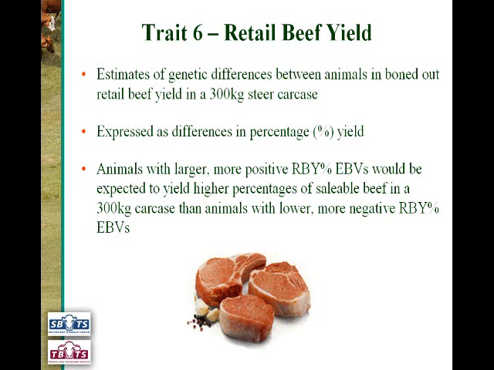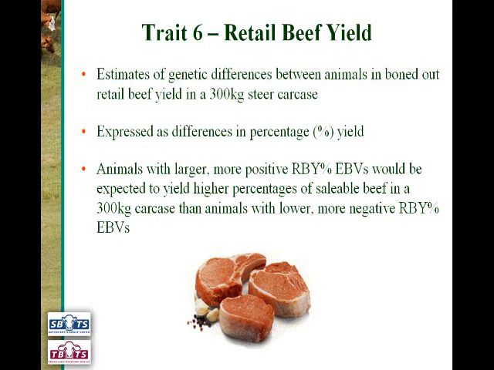The sixth EBV we have is the retail beef yield EBV. Again, we're back to differences in a standard steer carcass. This looks at differences between animals in boned out retail beef yield from a standard 300 kilo carcass. So when we take a 300 kilo dressed carcass, bone it out, and actually weigh the amount of saleable meat we have left, that's what we're talking about with retail beef yield.